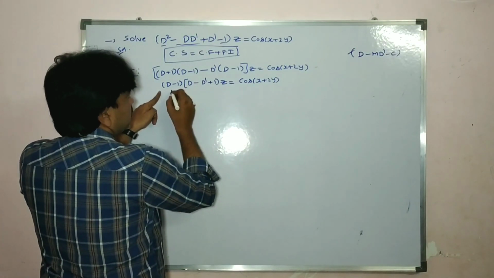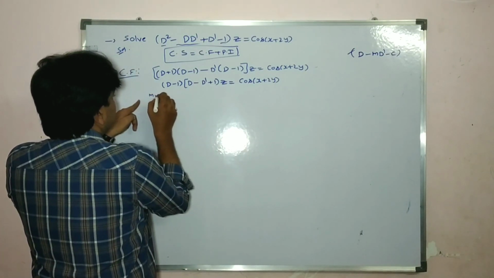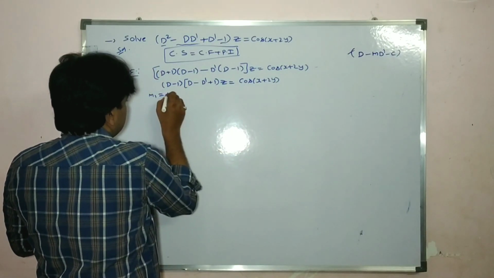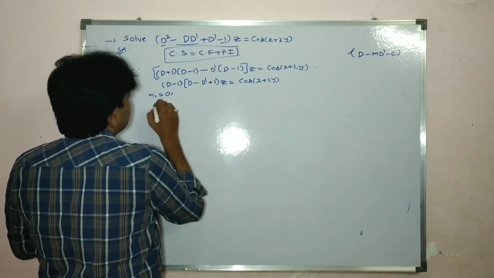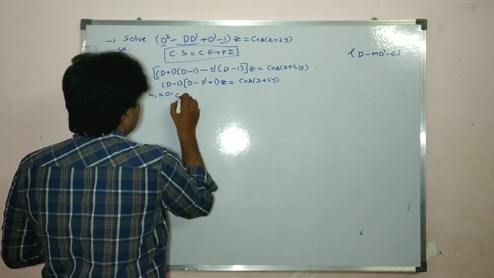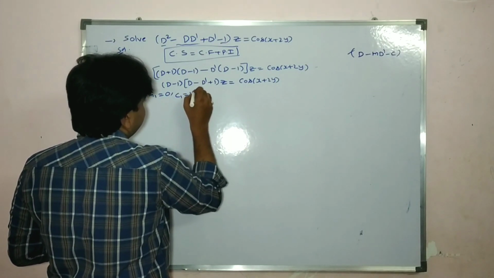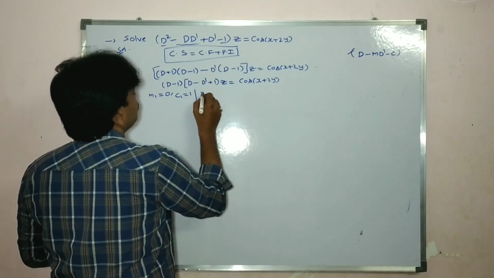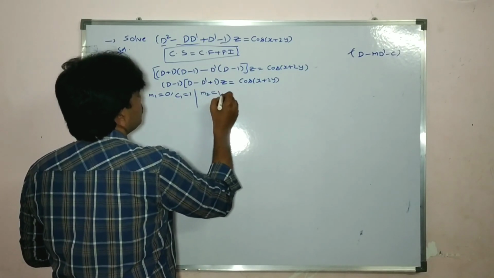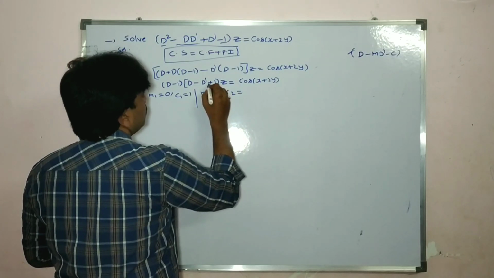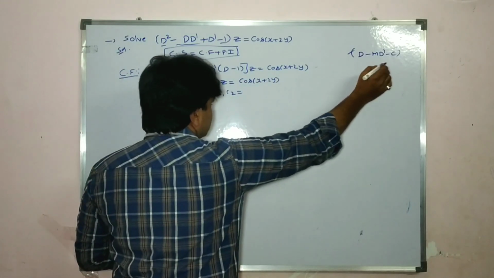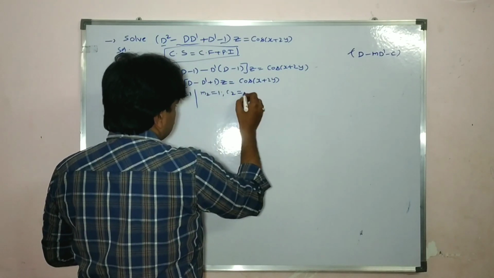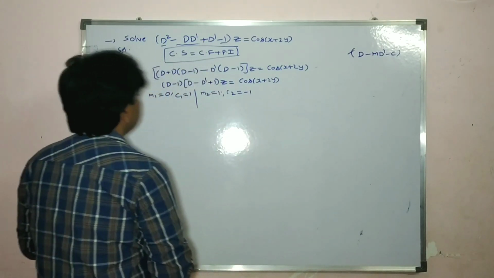Here m1 is equal to 0, there are no d dash terms, students, and c1 is 1. Here m2 is equal to 1 students, c2, there we have minus c but we have plus 1, this plus conversion minus of minus 1, so c2 value is minus 1.